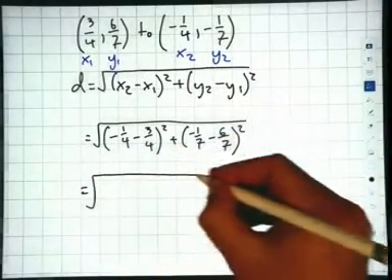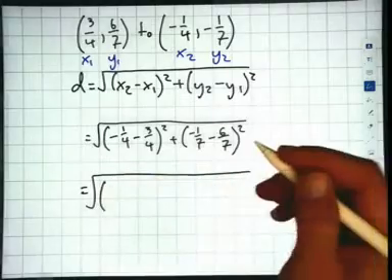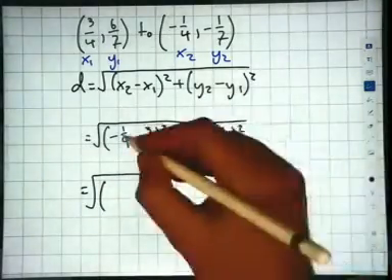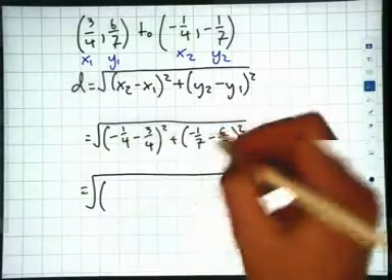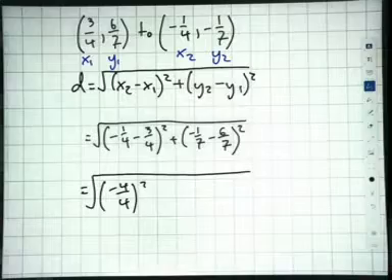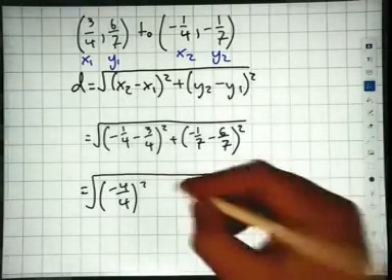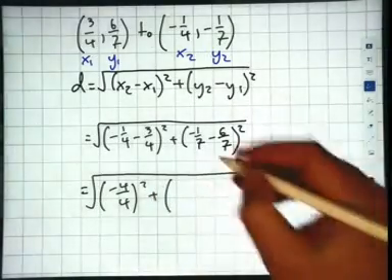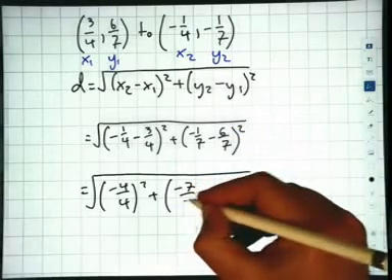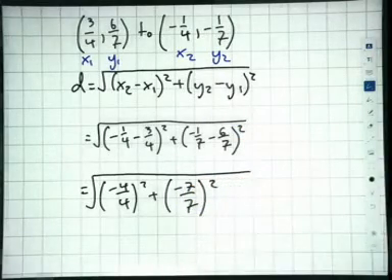All we have to do now is combine our fractions together. So negative 1/4 minus 3/4, we're just going to take the negative 1 minus 3, that's going to give us negative 4/4 quantity squared, plus negative 1 minus 6, that's going to be negative 7/7 quantity squared.